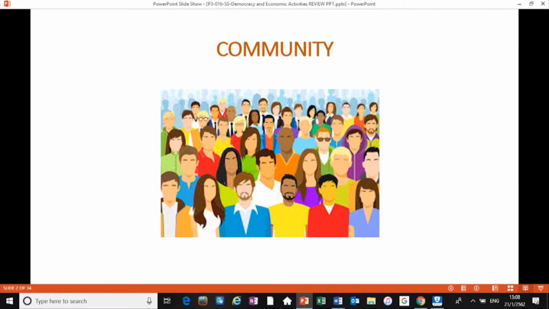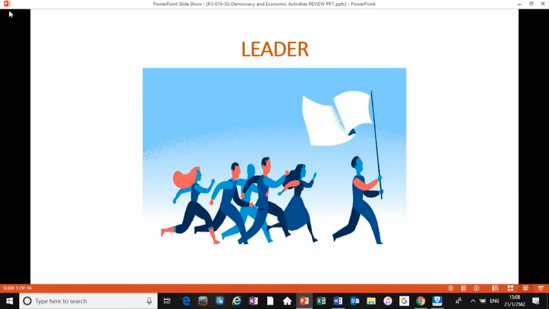And what does community need? A leader. Community needs a leader. Remember in class when we did that activity, we had a vote. And we voted down as our leader.